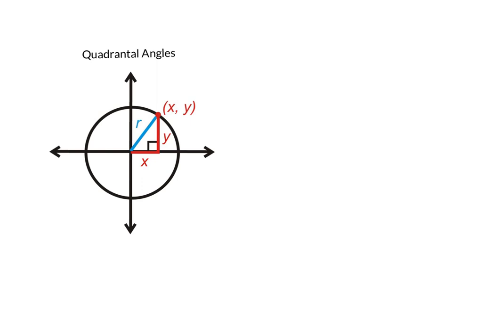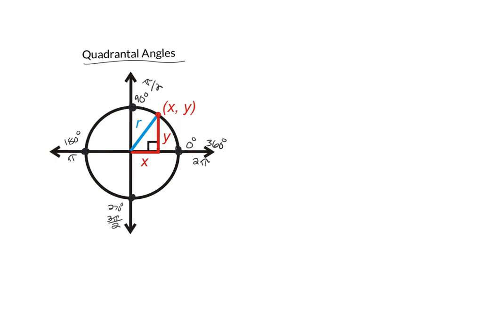So we're first going to talk about the four quadrantal angles, and these are just these points that we've already talked about on the unit circle. So the idea is 0 degrees or 0 radians or 360 degrees or 2 pi radians, 90 degrees and pi over 2, 180 degrees or pi, 270 degrees, 3 pi over 2.